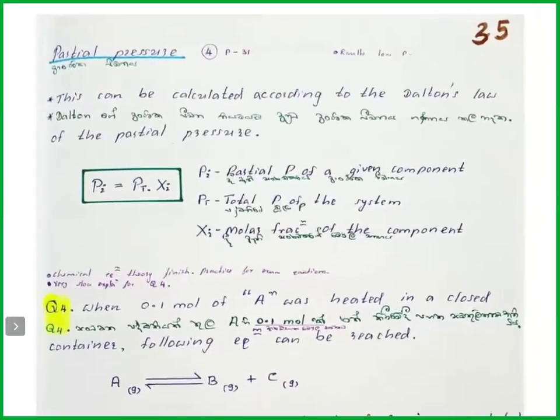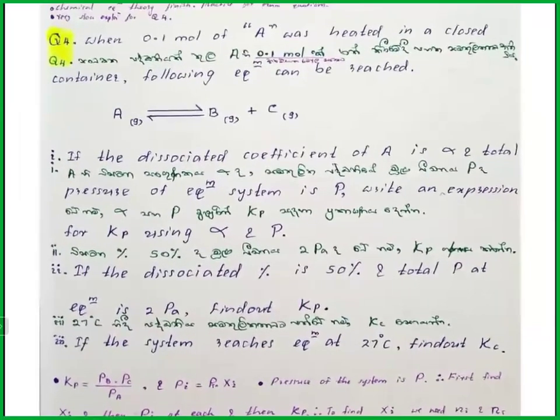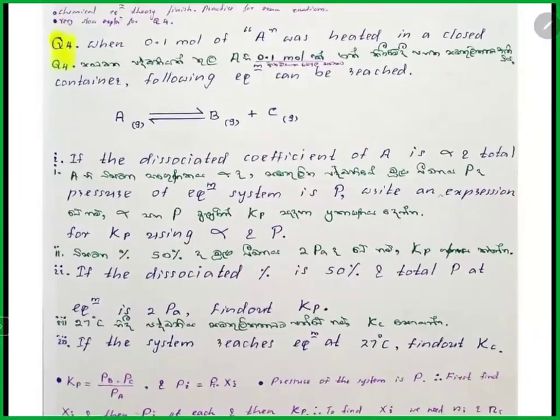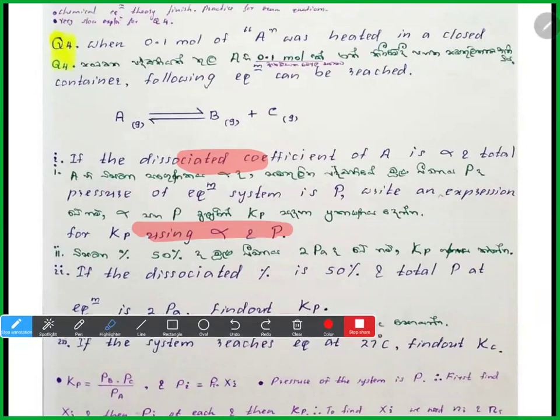Again, for calculations, we need Dalton's law of partial pressure. Okay, this simple calculation I'm going to go with. So they are saying the initial number of moles is 0.1 and the pressure is P. The dissociation coefficient is alpha.